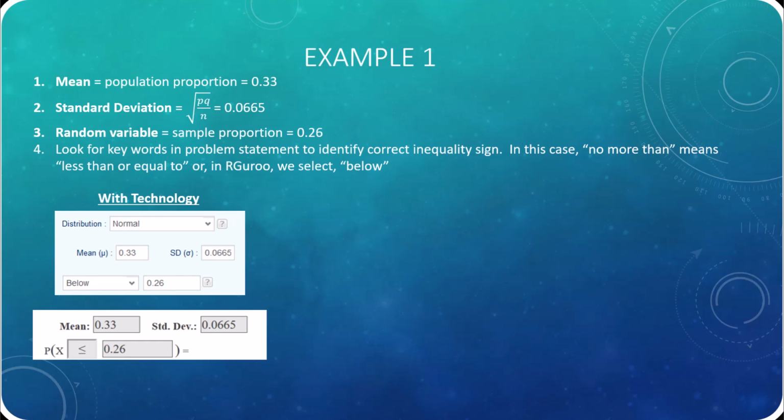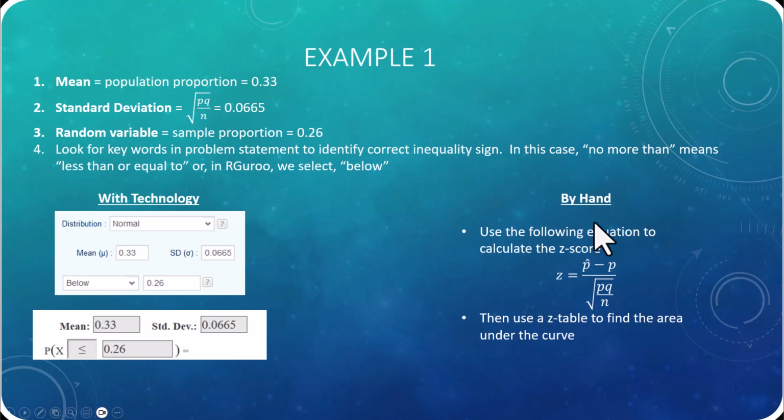So if we're using technology, we're going to have a form like this, asking for a mean, a standard deviation, a specific value, and an inequality. These four things cover that. The other option is a by-hand calculation, where you calculate a z-score and then use a z-table to find the area to the left of that z-score.